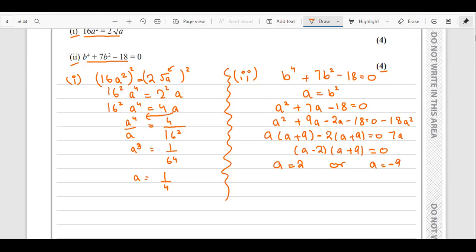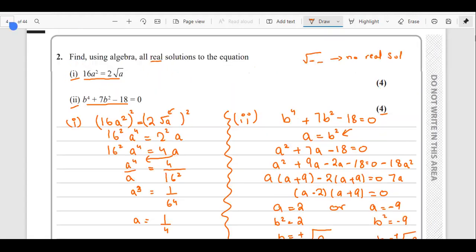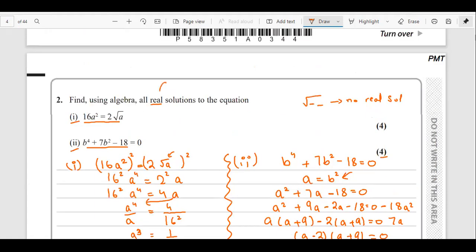So this was our substitution. We need to write down b square equals 2 and b square equals minus 9. So b would be plus minus under root 2, and this b would be again plus minus under root minus 9. But if we look at the question again, it says to find real solutions only, right?